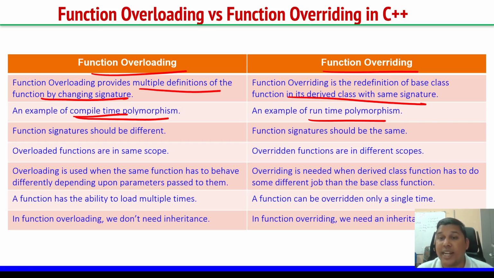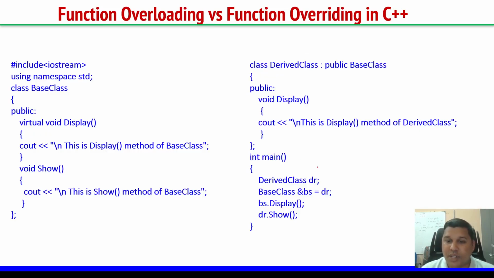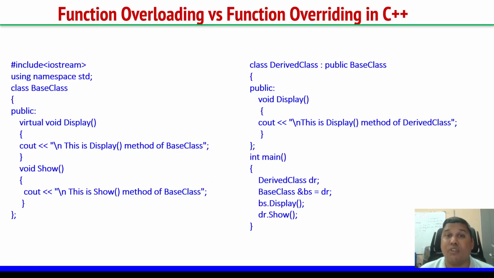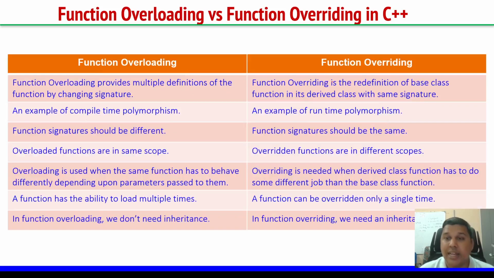But function overriding happens only once you create an object, and only then can we call these functions. The object is created in main, but it is actually given life only during runtime. That's why we say function overriding is a runtime polymorphism concept.